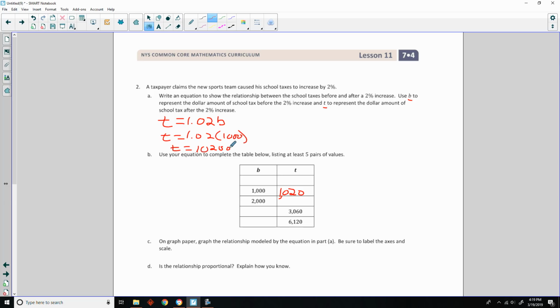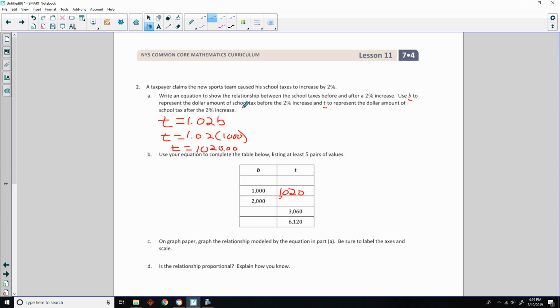So if I just show all my work here, 102 times 1,000 is 102,000, but move the decimal 2 places would be right here. So 1,020. So what they're doing is increasing by 1,000 here, 1,000, 2,000.